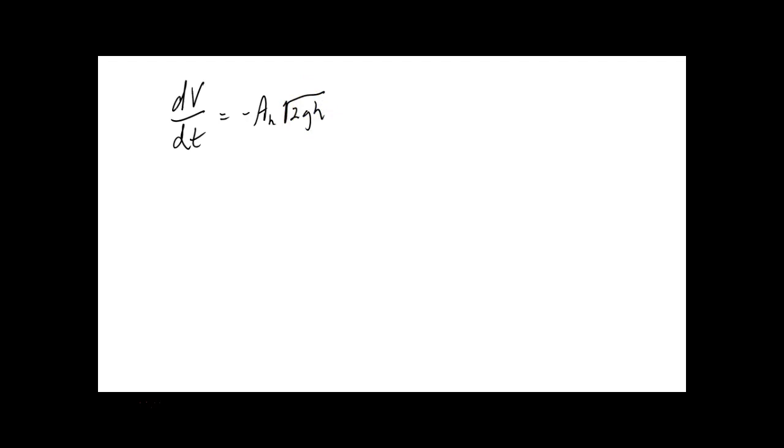Area is measured in square feet. Velocity is measured in feet per second. That would be cubic feet per second, and this is cubic feet per second. So yeah, that makes sense. I was saying CFM, cubic feet per minute, but they're doing cubic feet per second, all right?